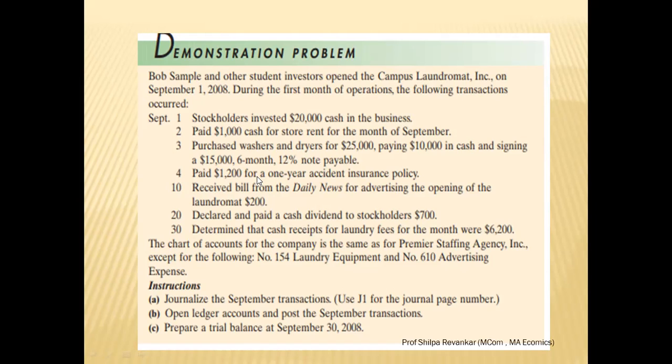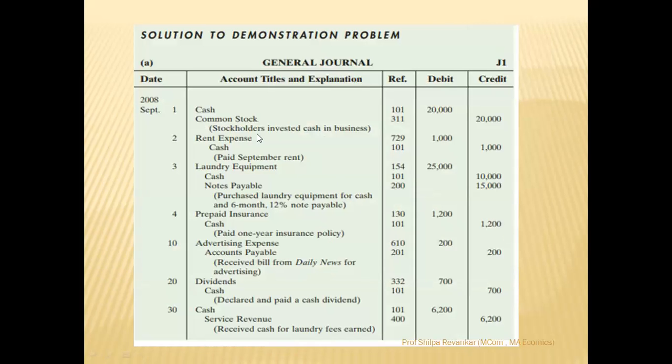Then he has also paid an accident insurance policy. Then he has spent some money on advertisement in the local newspaper. Then he has given some amount of cash to his stockholders. And at the end, he has found out that over the month, he has made sales of services up to 6,200. Okay, so this is the journal entry we have done.